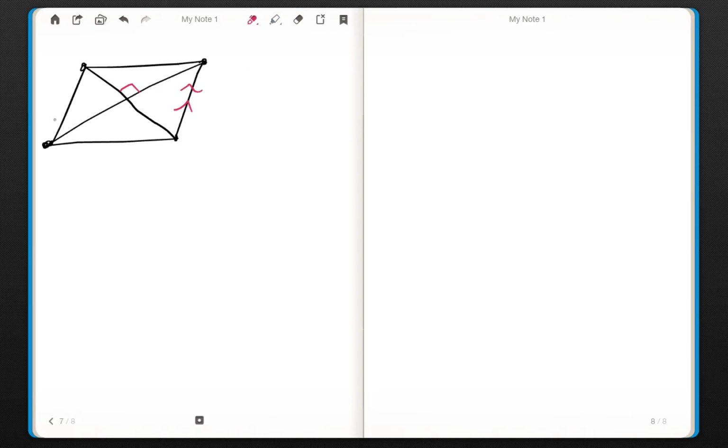It's a parallelogram, so we know that the opposite sides are parallel. I'll just show it with an arrow. Then we have a rhombus. So a good way to show that your parallelogram is a rhombus is to try and show that the diagonals are perpendicular. So this is 616.